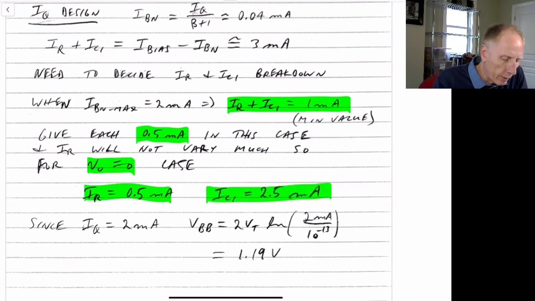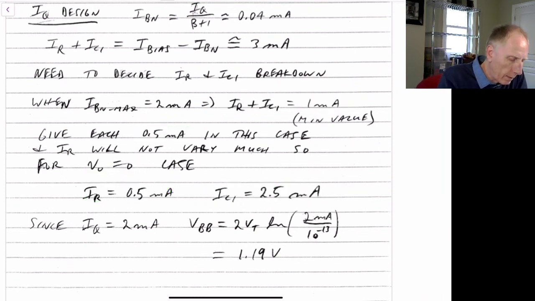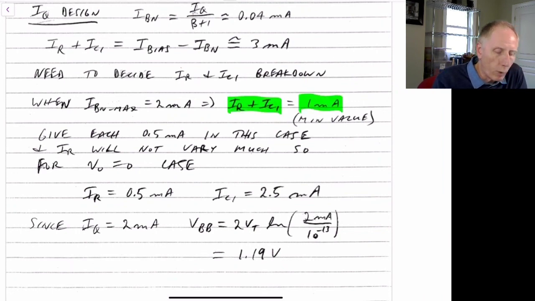So we have the two different cases: either IR plus IC1 is equal to 1 milliamp, in which case it's 0.5 and 0.5 for both, or IR plus IC1 is equal to 3 milliamps, in which case it's still about 0.5 milliamps for IR and 2.5 milliamps for IC1.